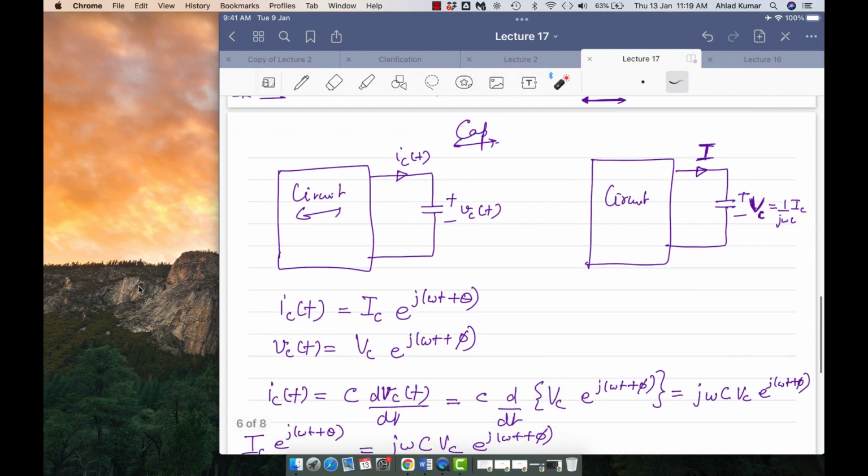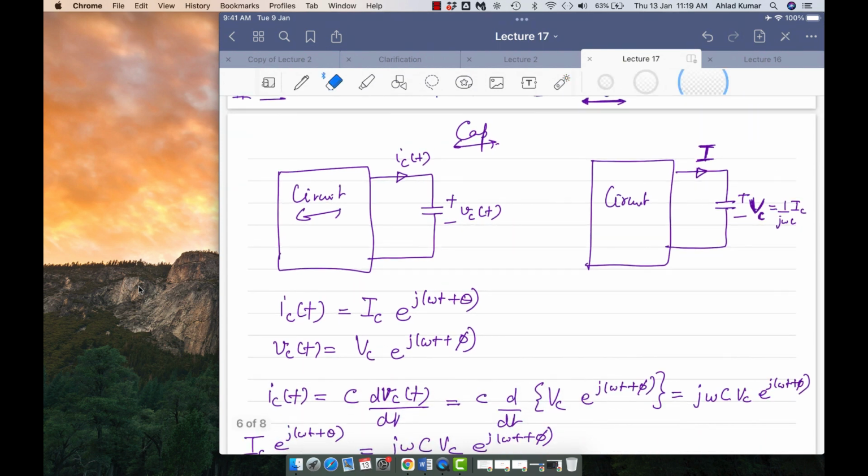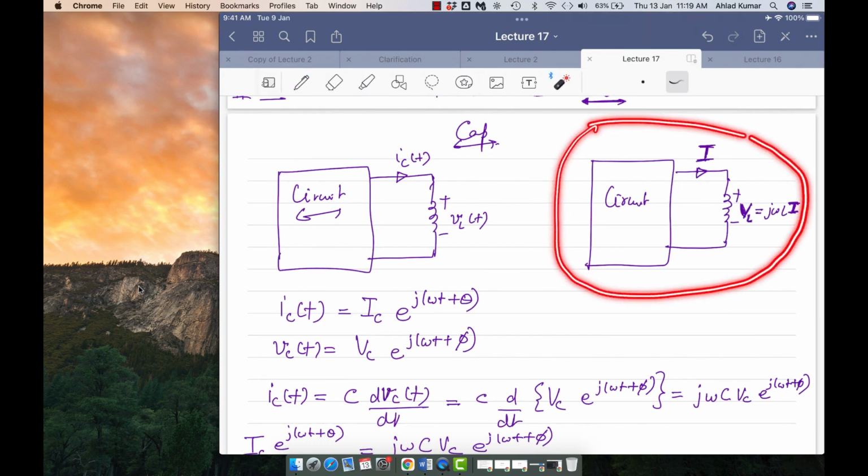Similarly, for the inductor, you replace this by the inductor and calculate the voltage across it. Here it will be bold VL, and its value will be j omega L bold I. So this is the phasor format representation for inductors.